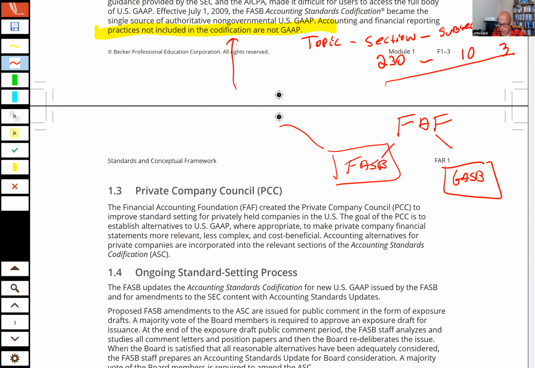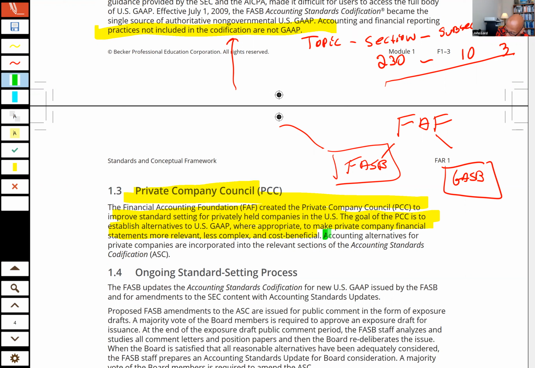Now, a while back the FAF also created a Private Company Council. What they're basically trying to do is see if they can help set some guidance for private companies. But the exam really does not get much into private company information.